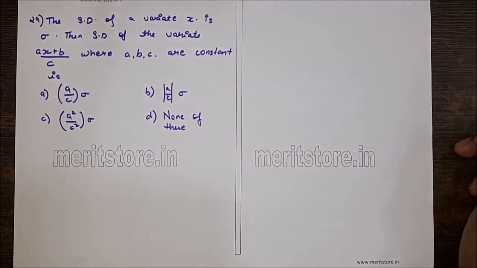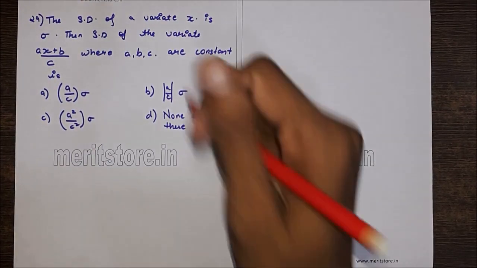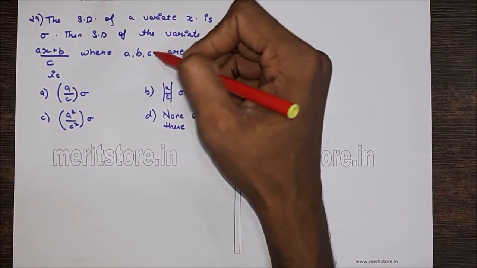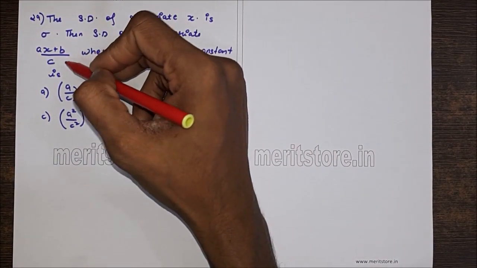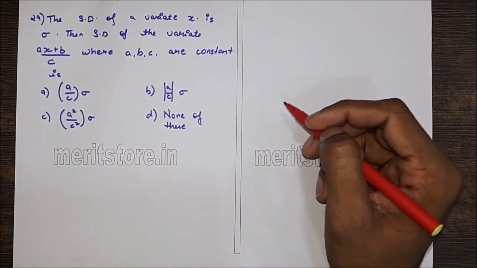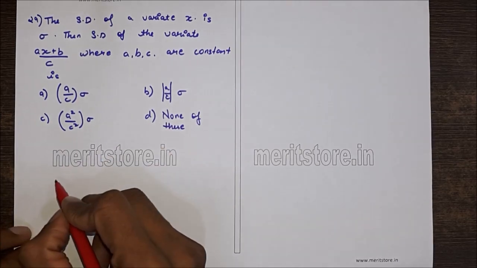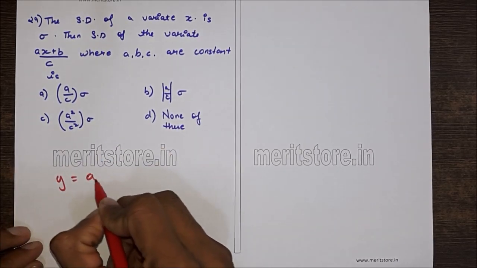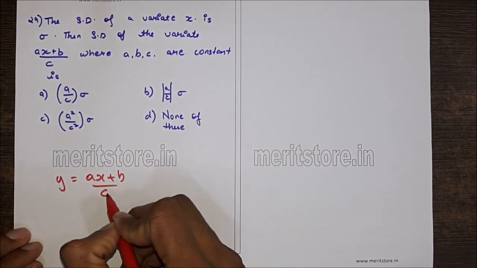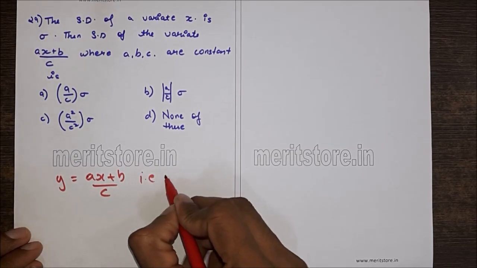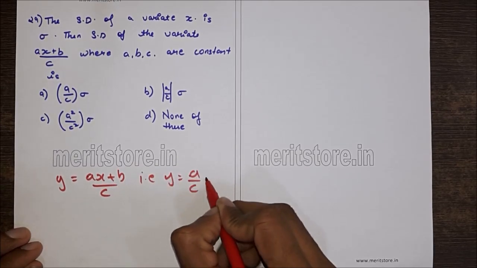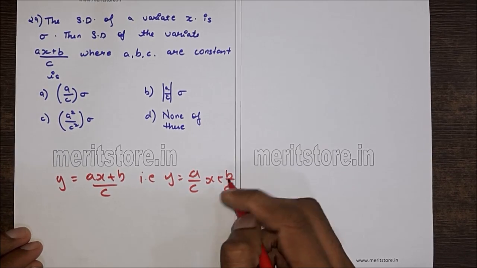Question 29. The standard deviation of variate x is sigma, then the standard deviation of variate (ax plus b) upon c, where a, b, c are constants, we have given 4 options. So we let y is equal to (ax plus b) upon c, which can be written as y is equal to a by c x plus b by c.